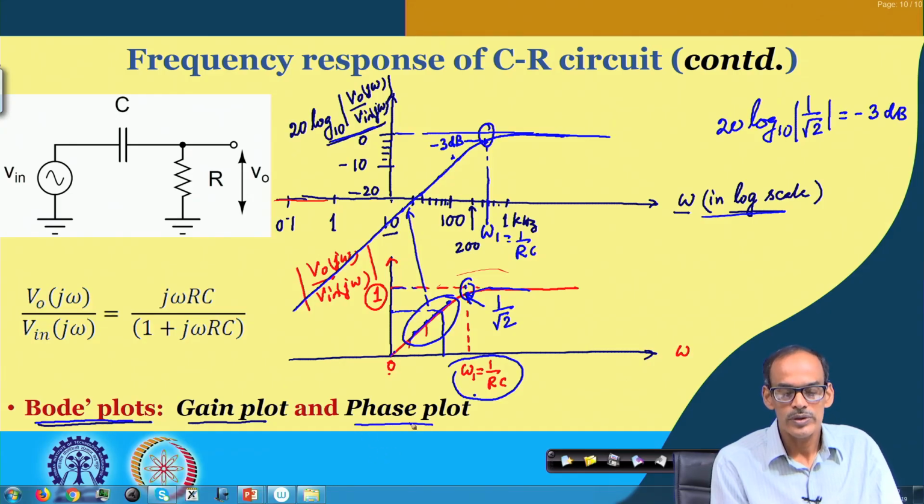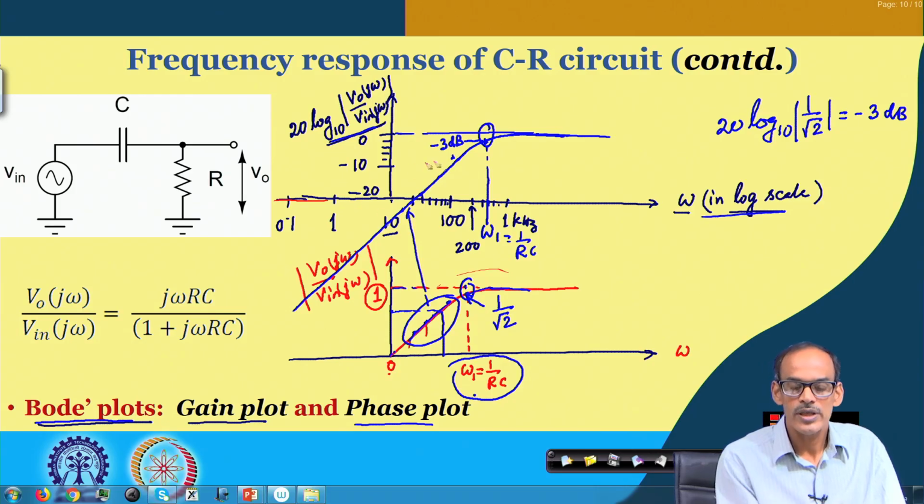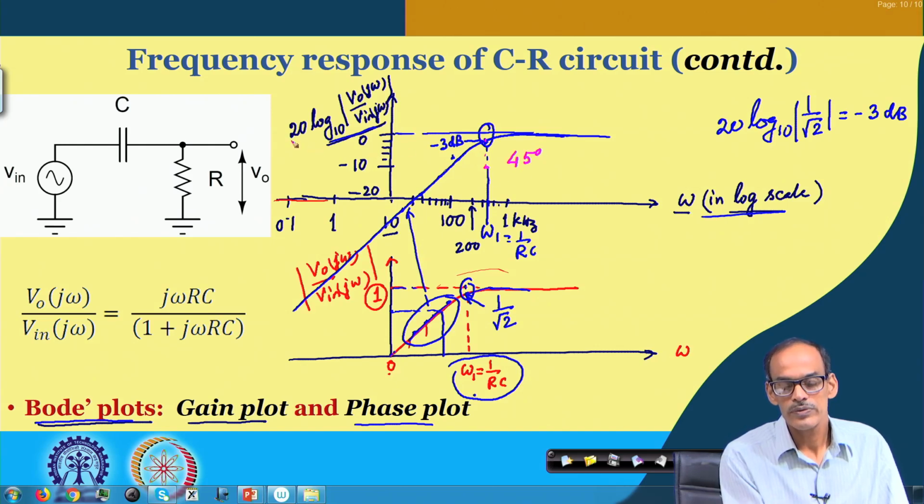So, similar to the gain, if you consider the phase with omega in log scale, what we will be seeing there, let me use the same graph and same axis here. So, at this frequency the phase was 45 degree, and then at lower frequency it was going to 90 degree.